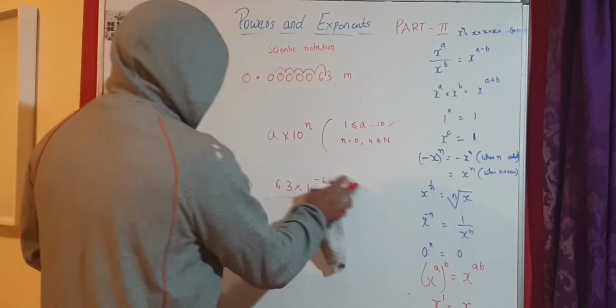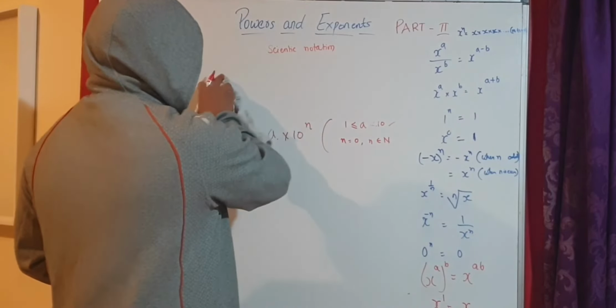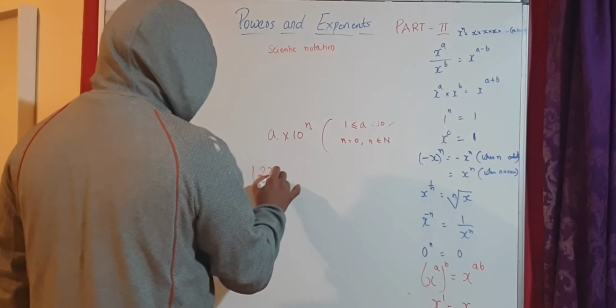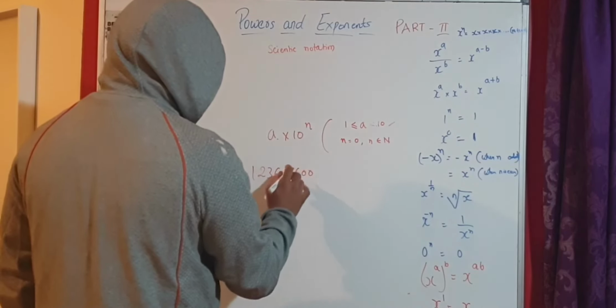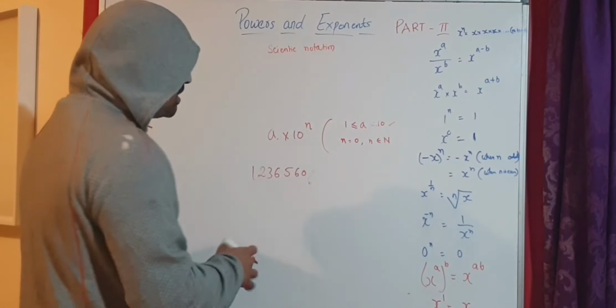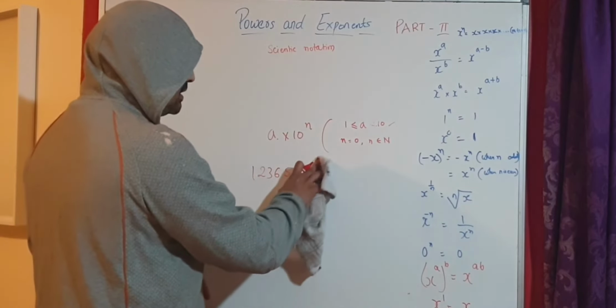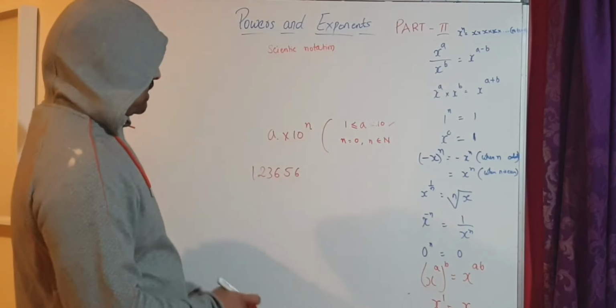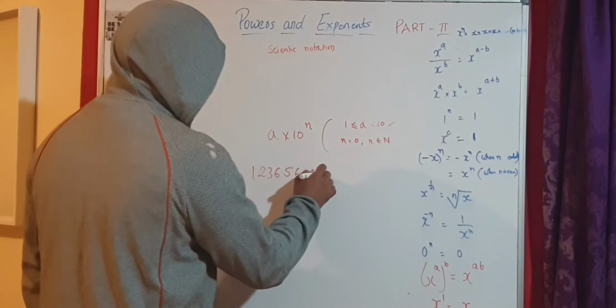Let's quickly practice a few more examples. For example, something like 5600. It need not end with zeros; previously we have taken some numbers with many zeros. For example, something like this, 7823.